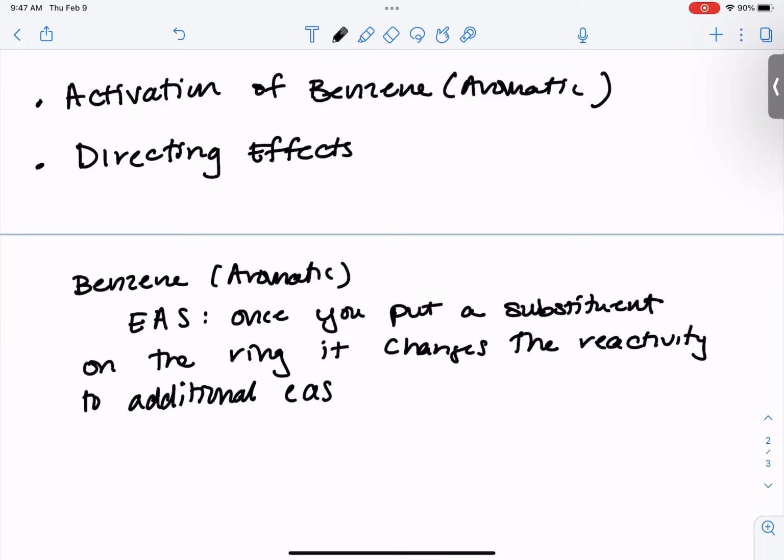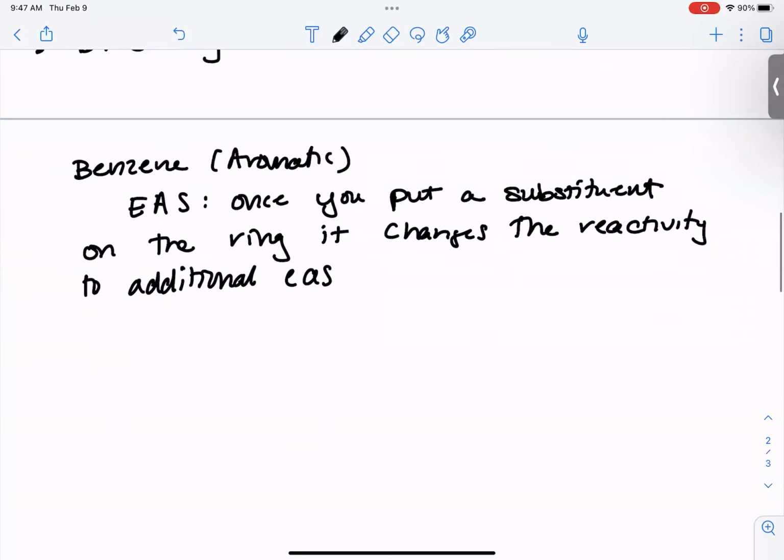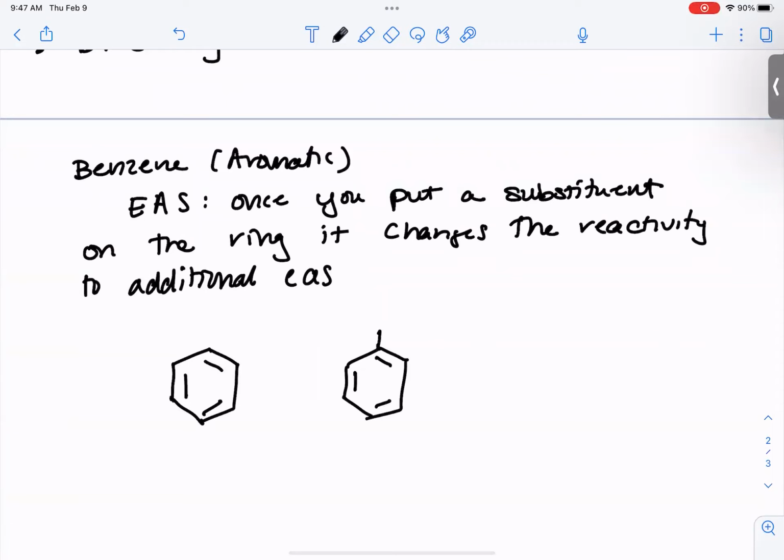Okay, so for example, if you just have benzene compared to toluene. So this is benzene, and you do not have to know the names. Oh, all right, you have to know the name of benzene. And this is toluene.